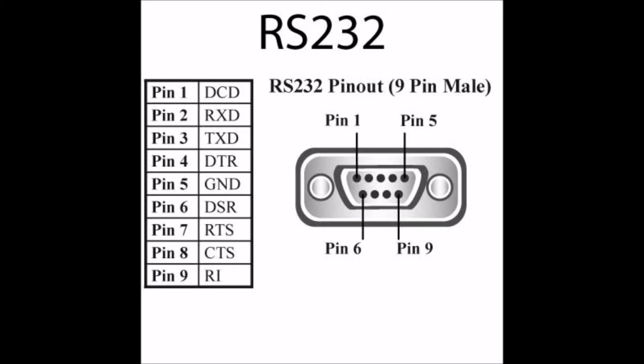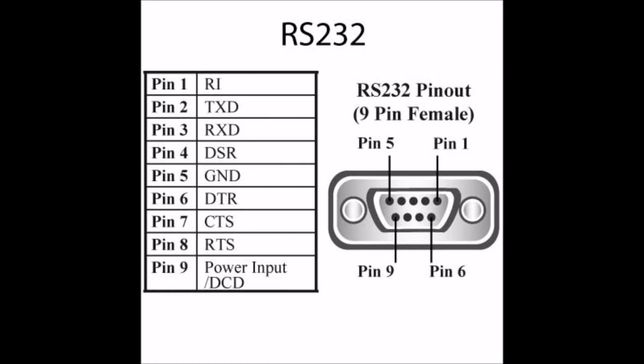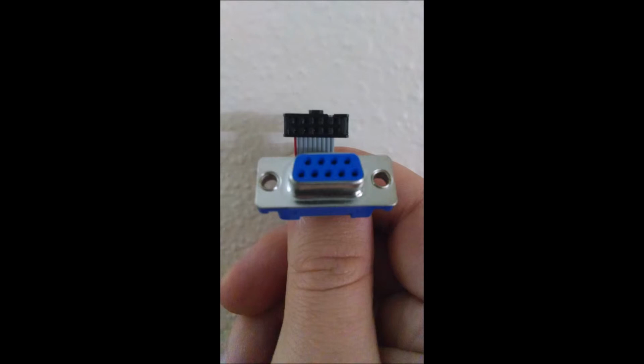Here we have the male pin layout for the RS232, and as you can see, pin 2 is used for receive, pin 3 is used for transmit, and pin 5 for ground. For the female pin layout, pin 2 is used for transmit, pin 3 is used for receive, and pin 5 is still for ground.